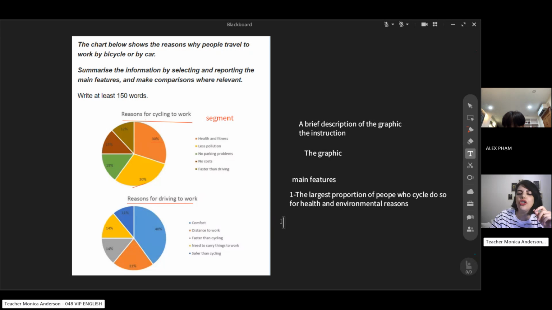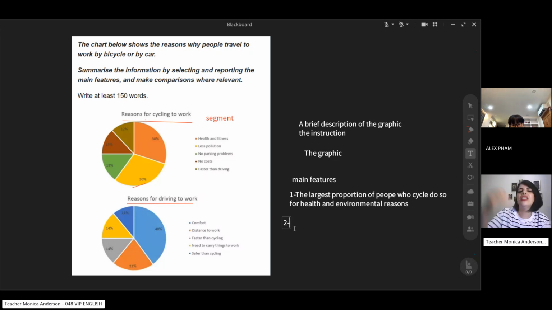Now, main feature two. You say, but the largest proportion of people who drive is for comfort. Yeah, of course, because it's comfortable. Now, Alex, that was really good and correct, but I don't want to repeat exactly the same word, because I have the largest proportion. So I try to find a synonym.